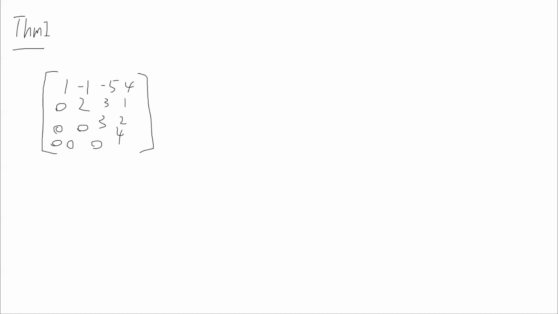So what theorem 1 is saying is that our eigenvalues are the diagonal entries: lambda 1 is 1, lambda 2 is 2, lambda 3 is 3, lambda 4 is 4. That's what theorem 1 is saying.